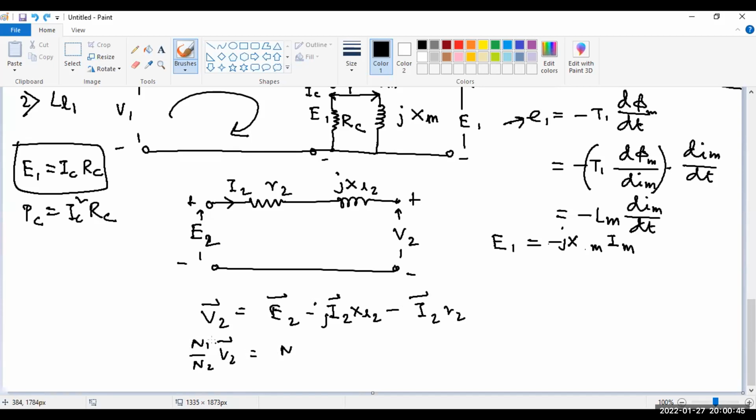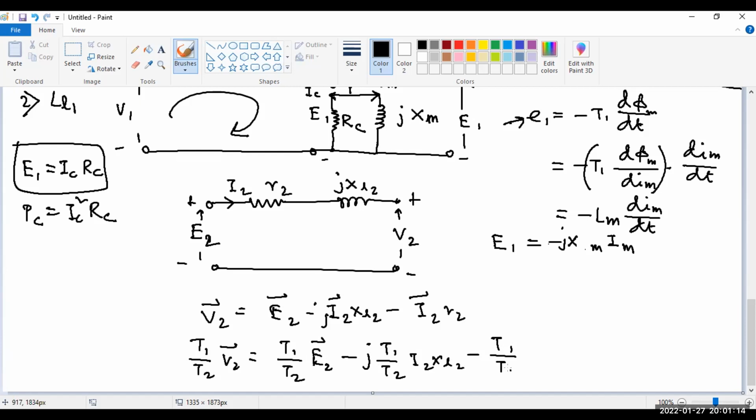For you, it will be T1 by T2. So don't change the nomenclature, otherwise it will be problematic for me. So both the sides I'm just multiplying by the turns ratio. Let's see what we'll get. Is it okay? Yes, sir.